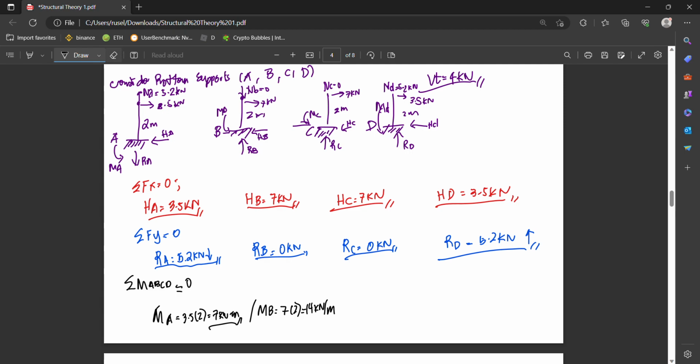Ay, kilonewton meter dapat to. Kilonewton meter. Moment C, same with this. So you have your 14 kilonewton meter. Same with your moment D, this is 7 kilonewton meter.